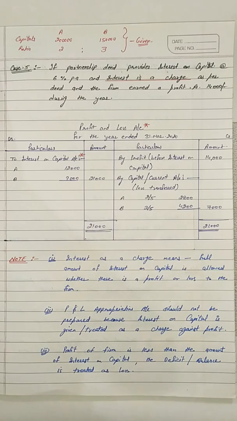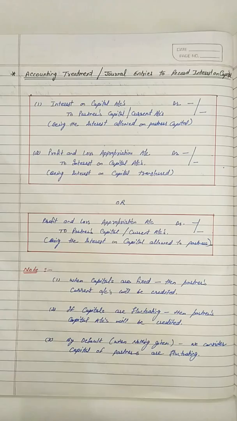Now I think you know all the methods, all the cases regarding interest on capital. Now we want to know what is the accounting procedure to record interest on capital in the journal. In case of interest on capital, we do two entries in the journal.